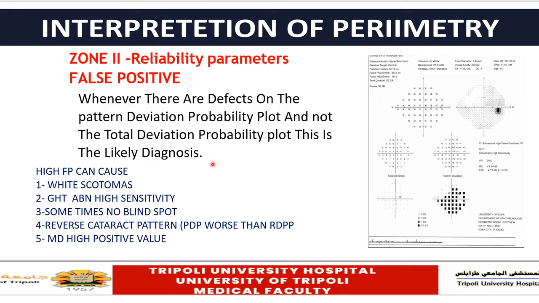False positive is one important parameter in the reliability indices in the perimetry printout. In the full threshold strategy, false positive means that the machine will produce a sound without initiating any light stimulus. So if the patient is trigger happy, he will press the button as if he has seen the light stimulus, however he is only responding to the sound.